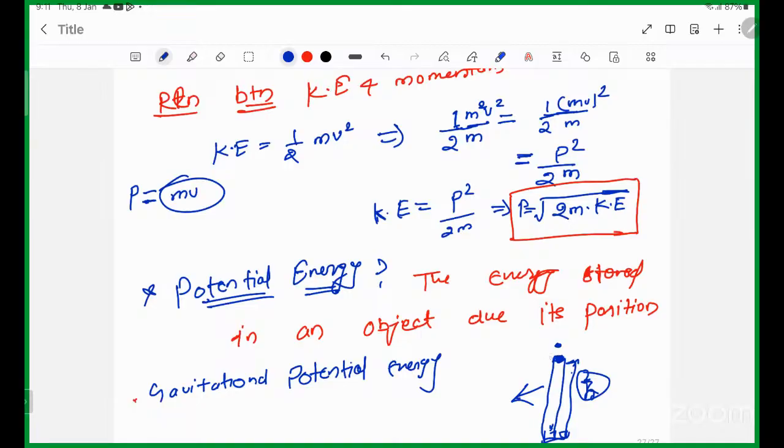Then when water falls from the dam to the lower surface, the energy is released and it converts into kinetic energy. So the mgh changes into kinetic energy.